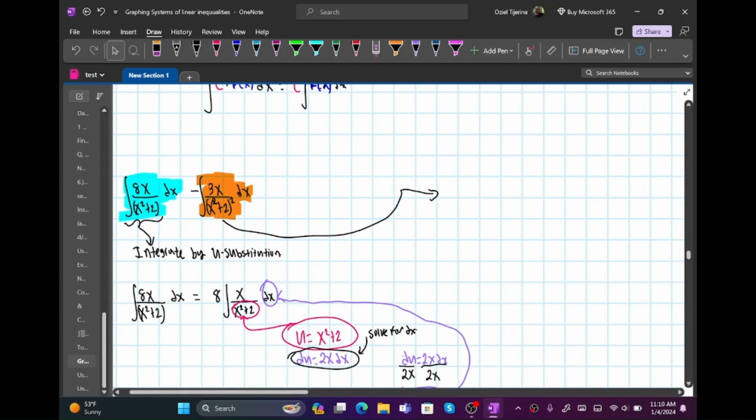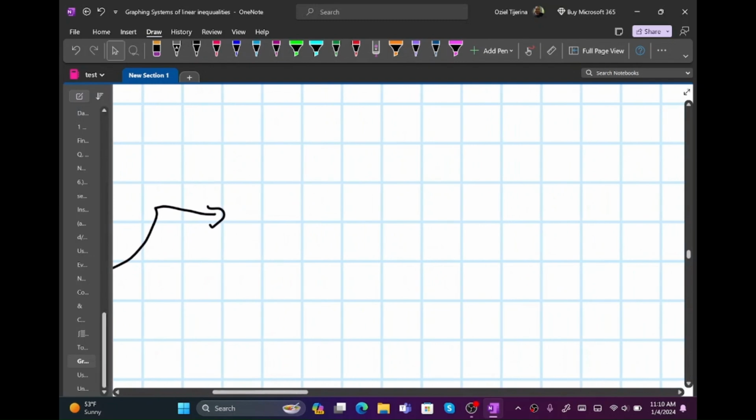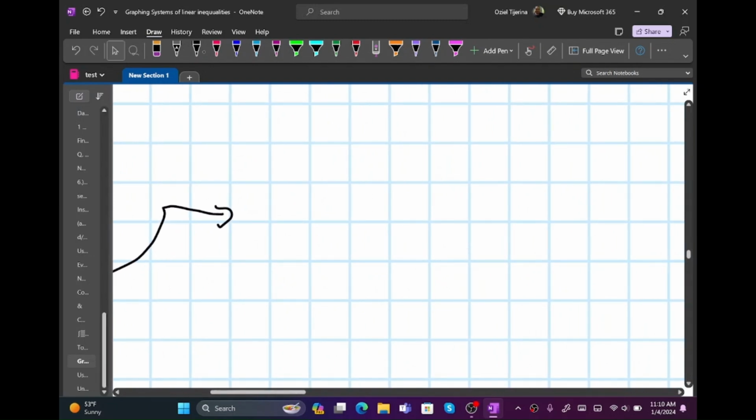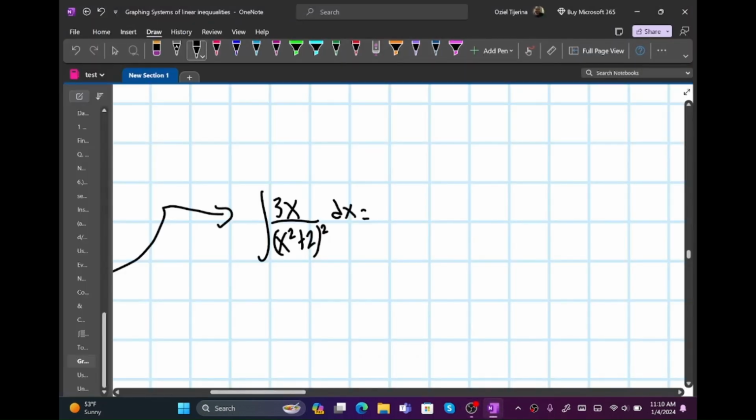The integral of 3x over x squared plus 2 quantity squared dx is going to equal, again, we take out the 3, so 3 integral of x over x squared plus 2 quantity squared dx.